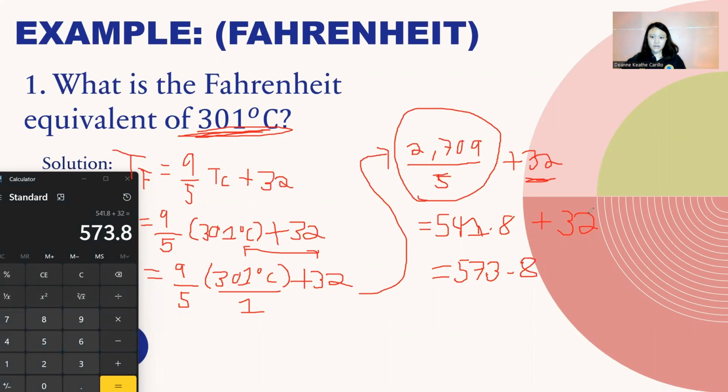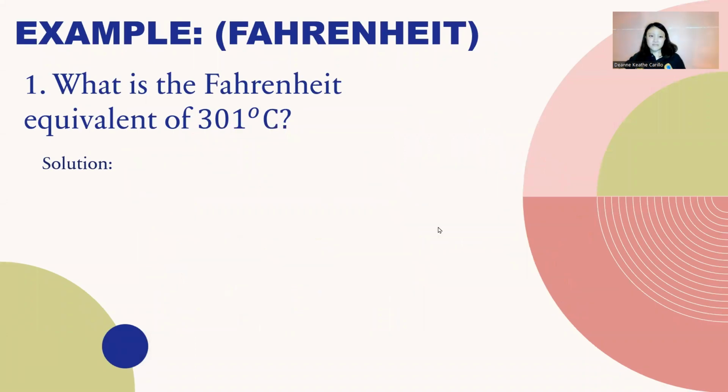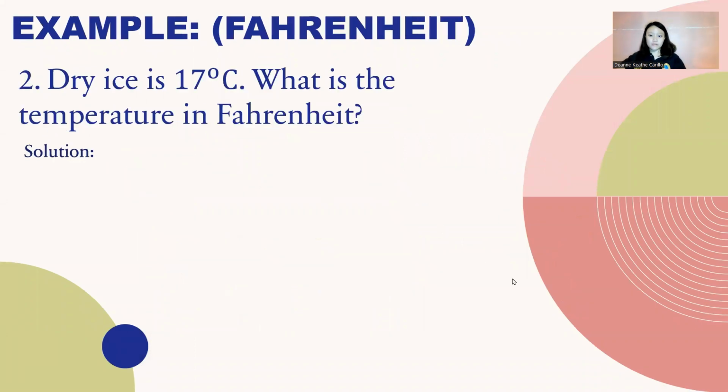And let's not forget the temperature scale of Fahrenheit. Since it's from Celsius, we should convert it into Fahrenheit scale. And there you have it. The final answer is 573.8 degree Fahrenheit. Let's proceed to the next example.